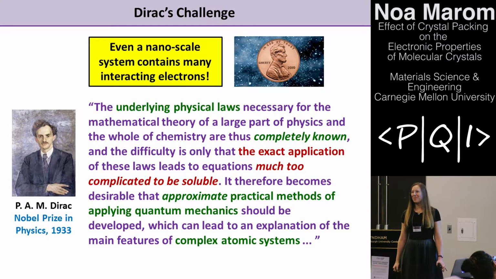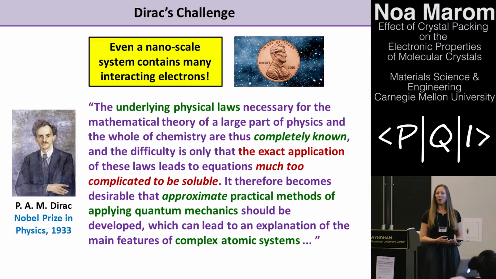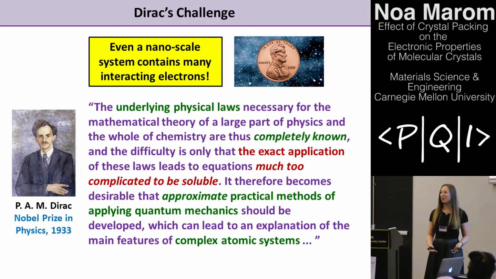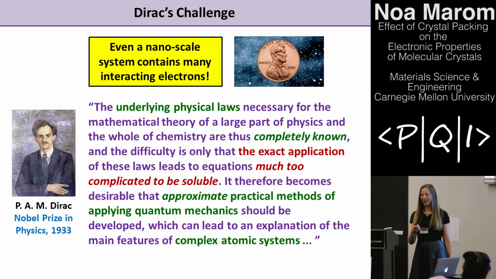However, it's impossible to solve the equations exactly, pretty much for anything with more than one electron. So therefore, we have to come up with approximate practical methods of applying quantum mechanics to complex atomic systems. And this is what electronic structure theory is all about. So it's an art of approximation.